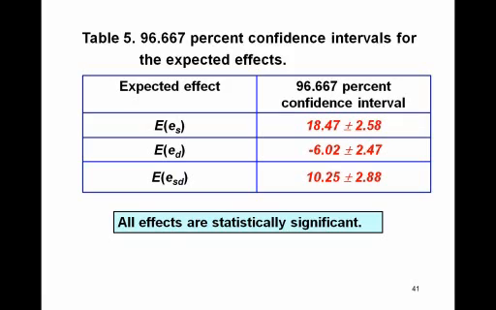If we make enough replications, we will always, in general, have the confidence interval not containing 0, so we will get statistical significance.